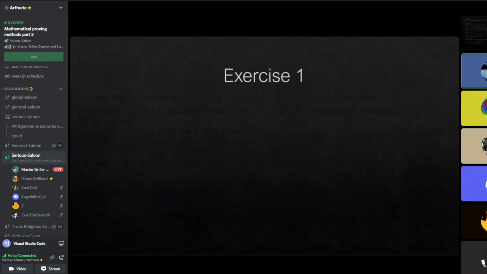Exercise 1 is something that if someone wants to do, they can, but I will just show it. I will not be explaining it in detail. If someone has questions about exercise 1, they can ask me in the next presentation, Proving Methods Part 3.